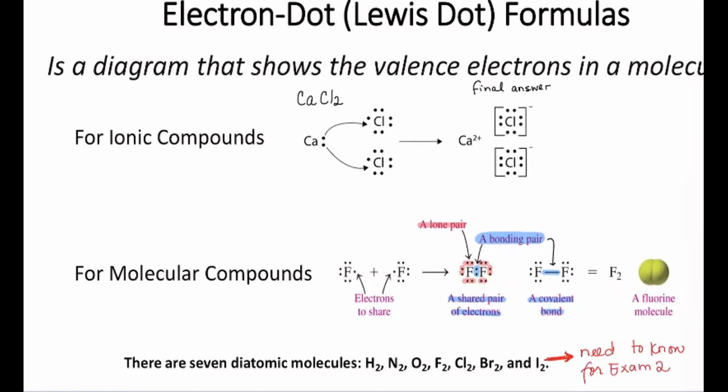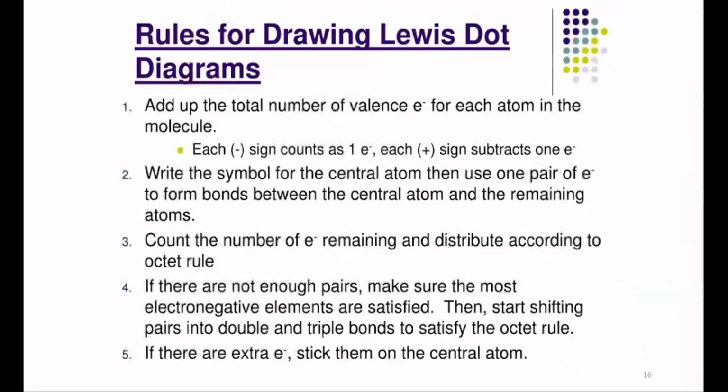Okay. Now, how do we develop the drawings of these electron dot formulas for covalent compounds? There are some rules, okay? And here I illustrate the rules that you guys need to be familiar with. So these are the rules for drawing Lewis dot diagrams.